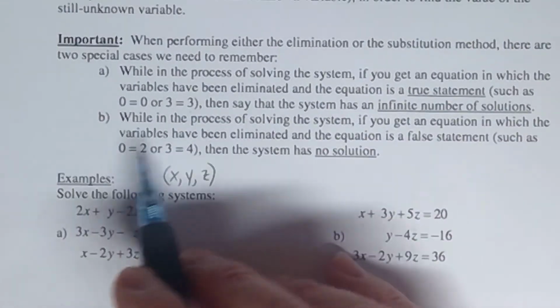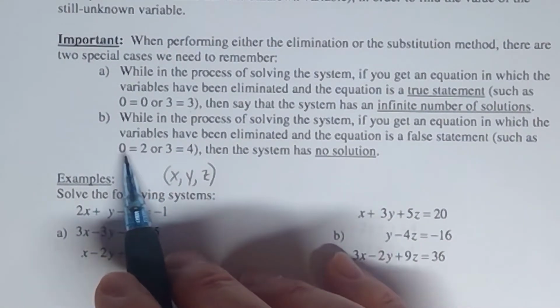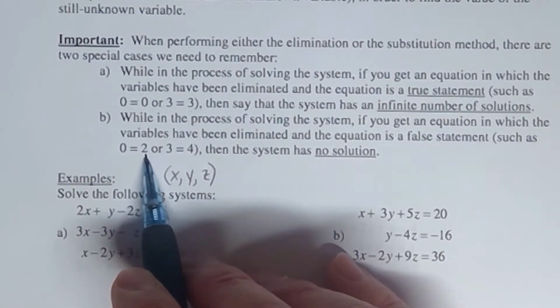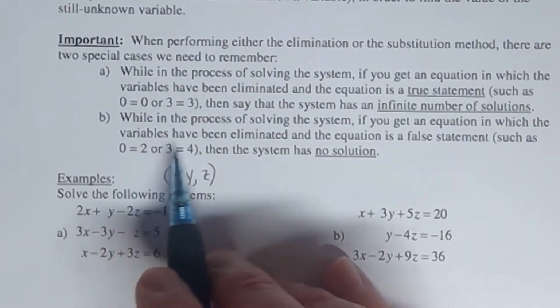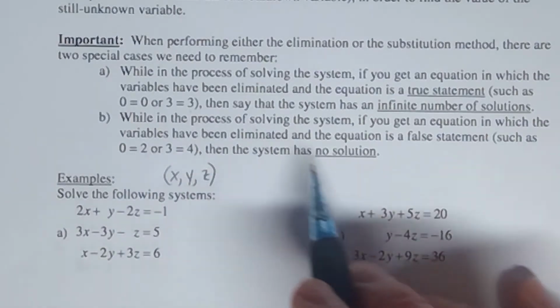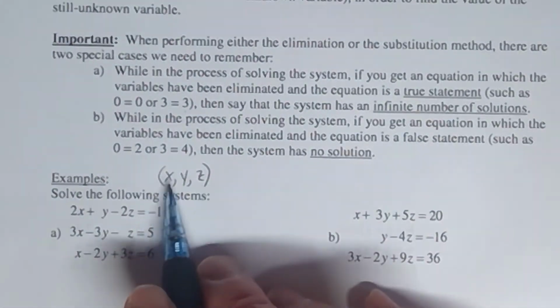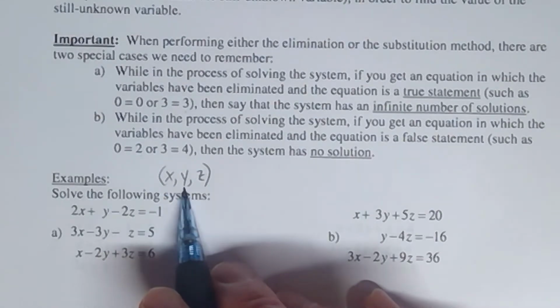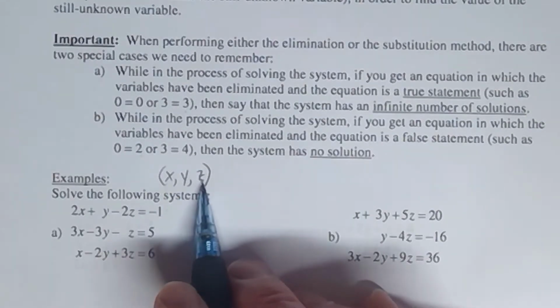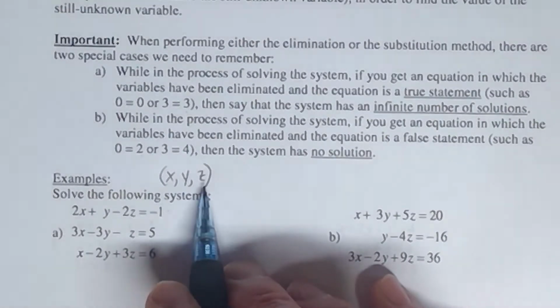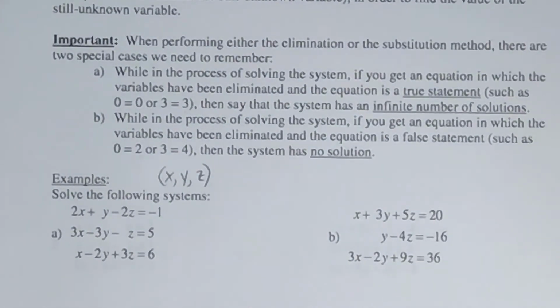Whereas, and again, this is the same as before, when the variables disappear in an equation that you get, and you get a false statement like these two equations, then once again, that'll be no solution. But usually you will get a single answer for x, a single answer for y, and a single answer for z. And so we'll just put that together, and then that would be our final answer. So that's what the answers are going to look like.